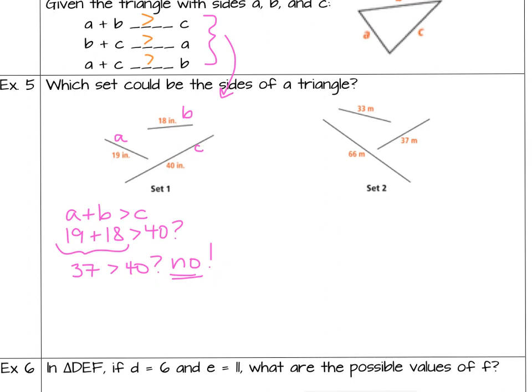If we drew the 40-inch side length at the bottom, and then tried to put the 19 on one side and the 18 on the other, the 18 wouldn't connect. There's a missing amount that would be able to connect them, because 18 plus 19 isn't greater than 40.